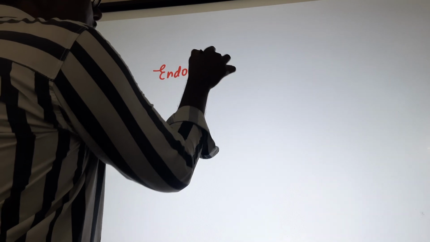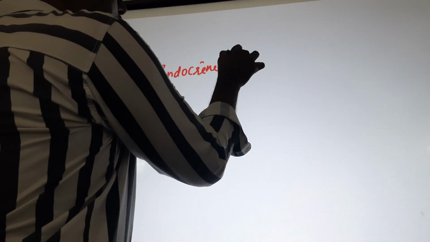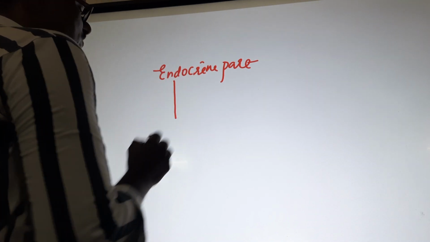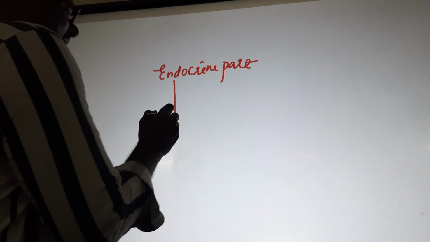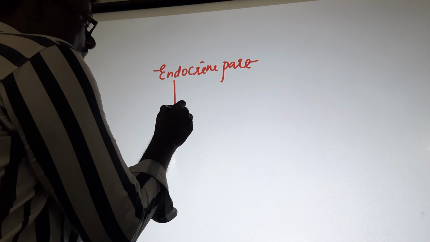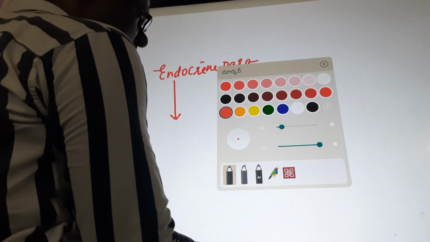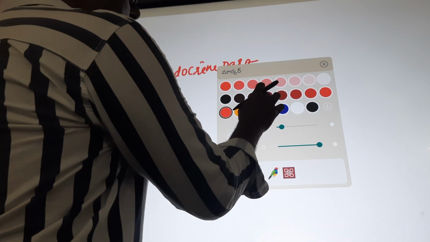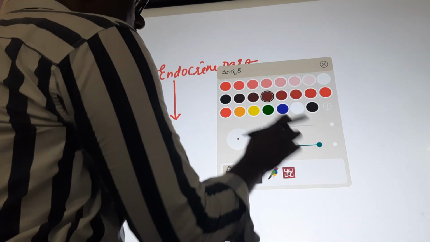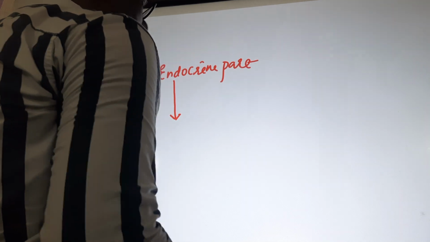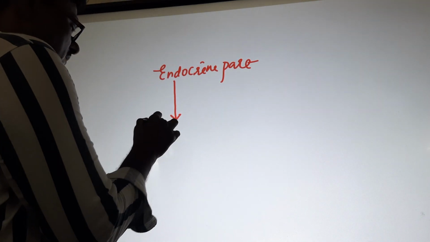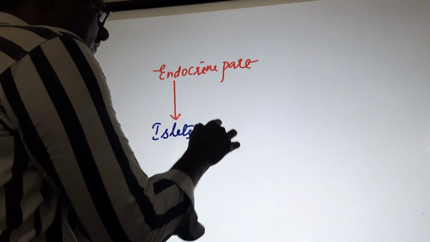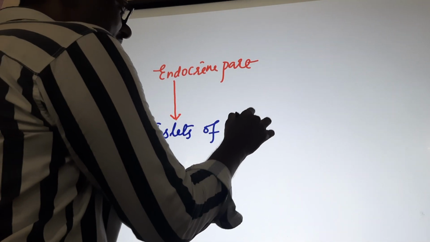This one consists of a cluster of cells known as islets of Langerhans.